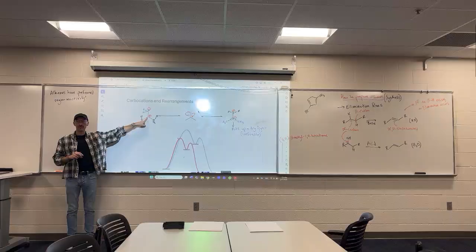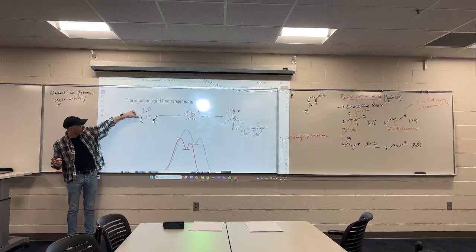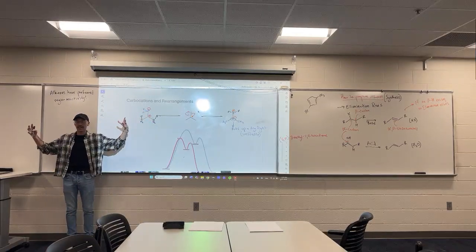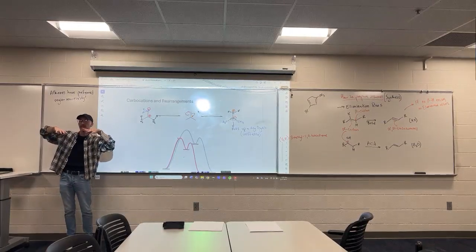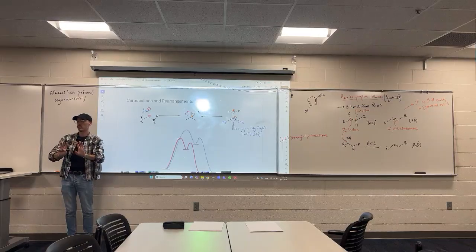This positive charge is surrounded by electron density. It's got all of these bonds, all of these electrons that can actually hover over the positive charge, stabilize it, make it less reactive, moral support.